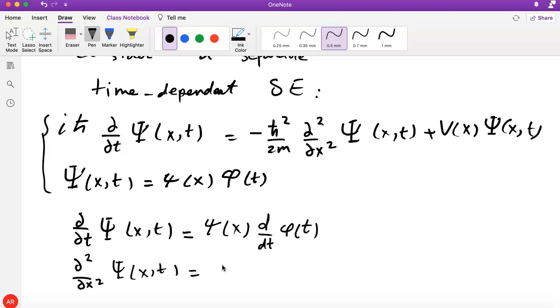So I can factor that out, phi of t, and then I find the second derivative with respect to x of psi of x. This notation, why I write this as d and that as kind of a curly d, is because these just depend on one variable. So when I take the derivative with that one variable, there's no other thing that I'm keeping constant. So it's just a notation.